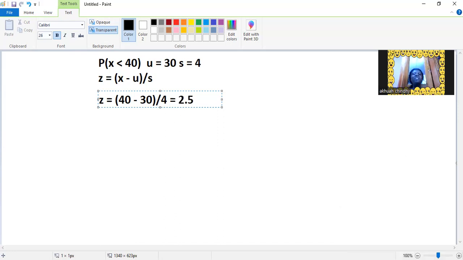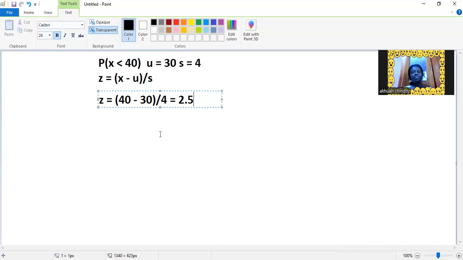So this is the z value that we are going to use from the distribution table. We find that we got a positive figure, so we use the positive table.